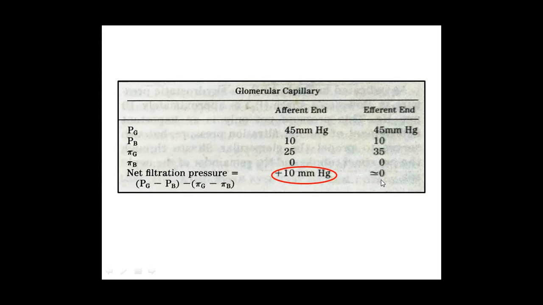So there is a net filtration. In an ordinary capillary, fluid is filtered out of the arteriolar end and absorbed at the venous end. Whereas in the glomerular capillary, from the afferent arteriolar end fluid is going out, and at the efferent arteriolar end nothing is returning in. So there is net filtration.